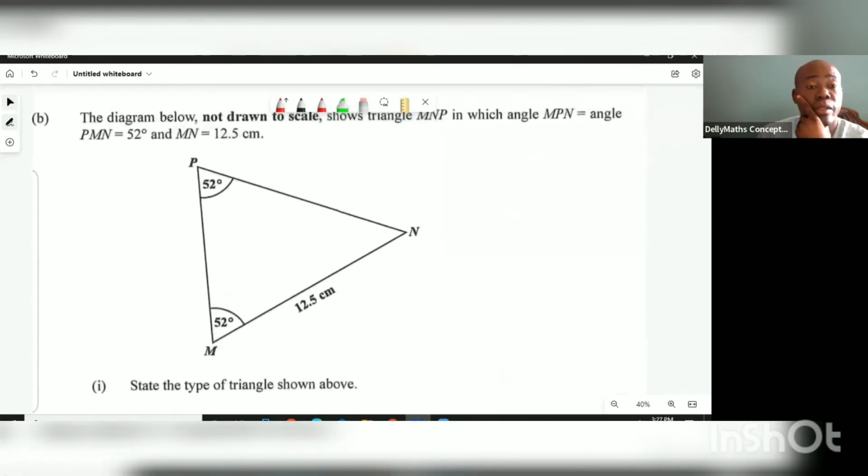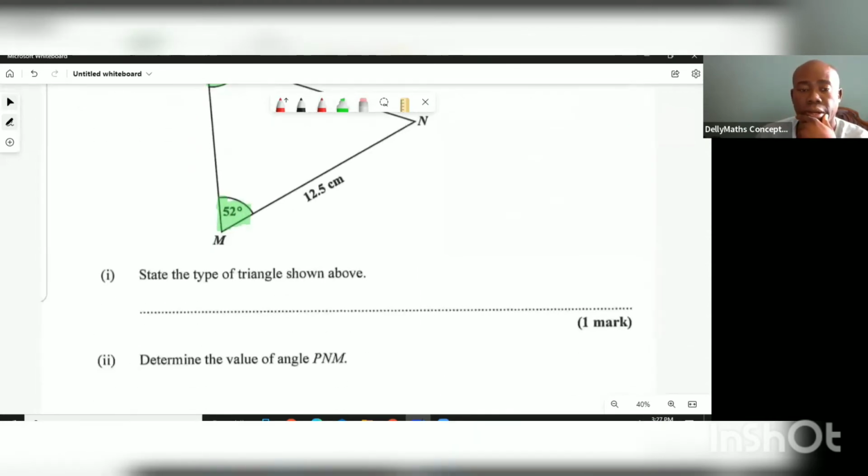All right. The moment I'm seeing these two angles being equal here, I'm seeing an isosceles triangle. So definitely for one mark, I'll just write that this is an isosceles triangle.